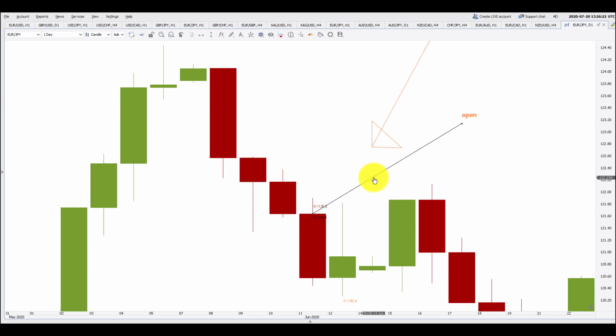And in the same way, this lower point is called the close.